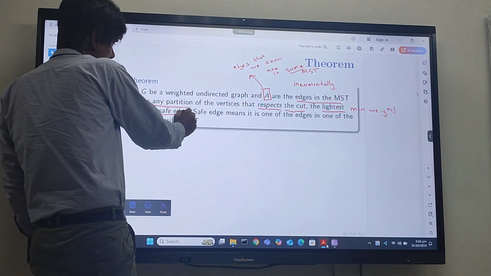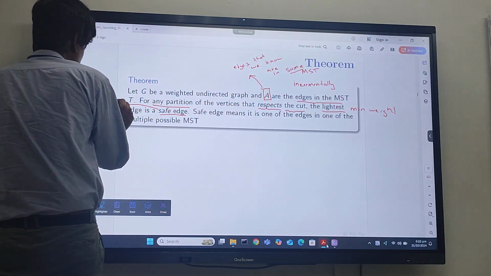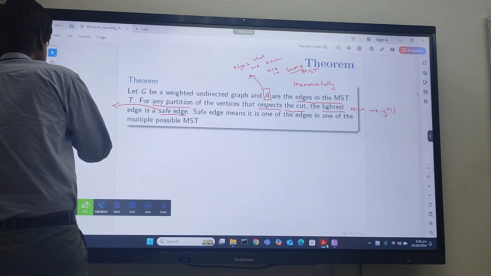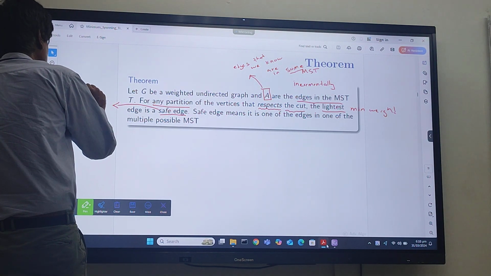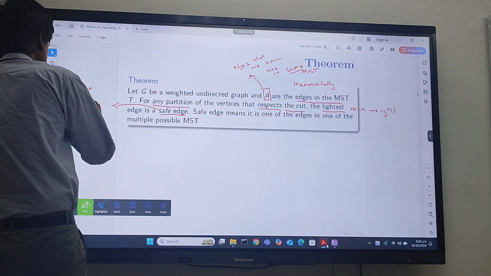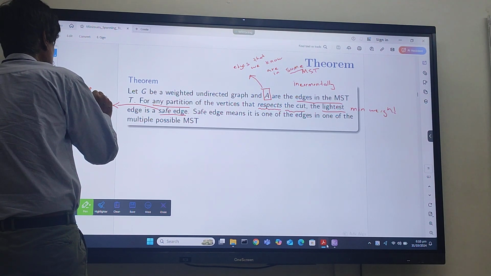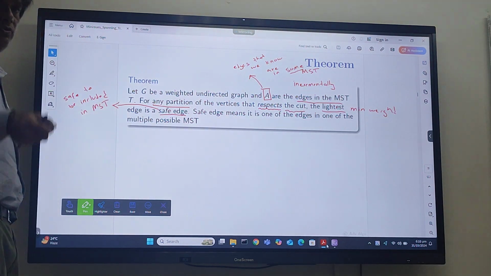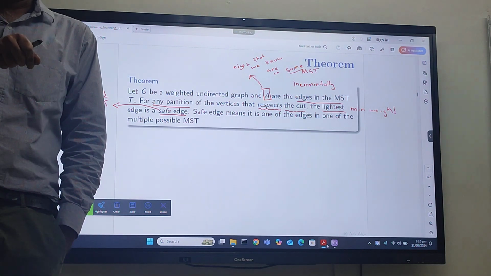We call it a safe edge because it is safe to be included in the MST. So we can add this one more edge.